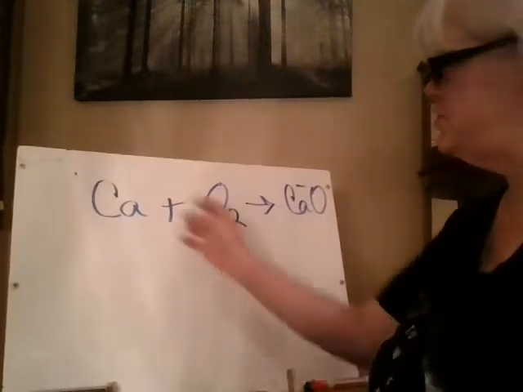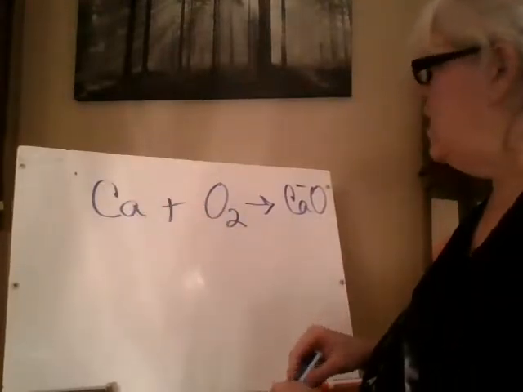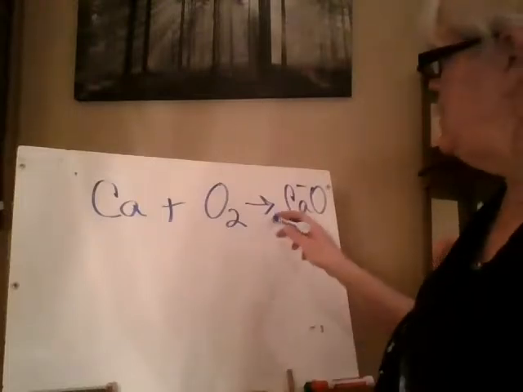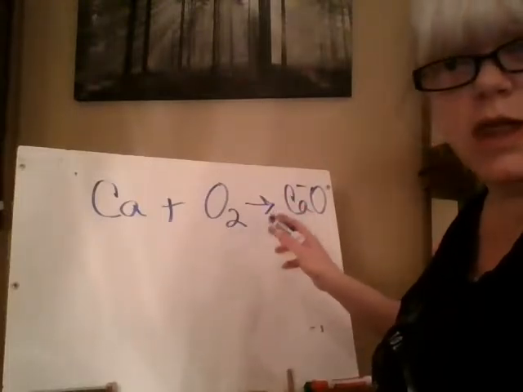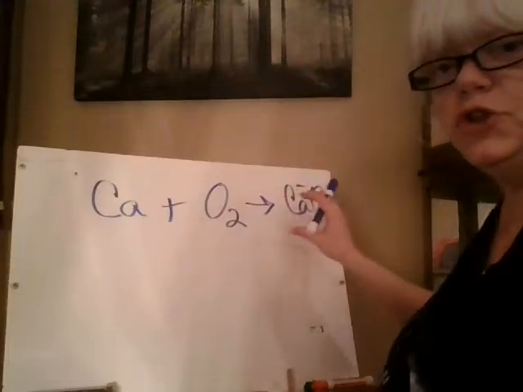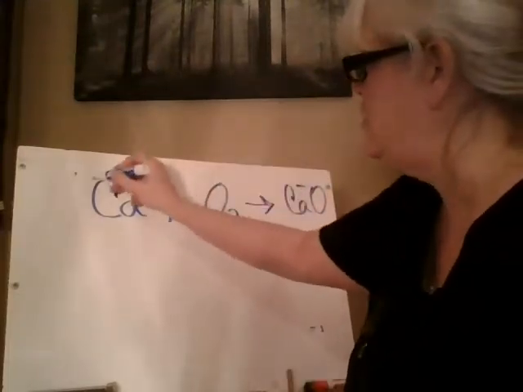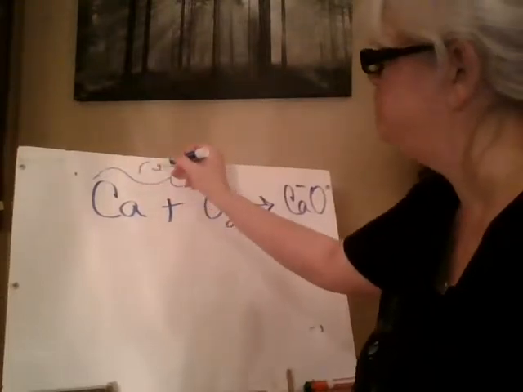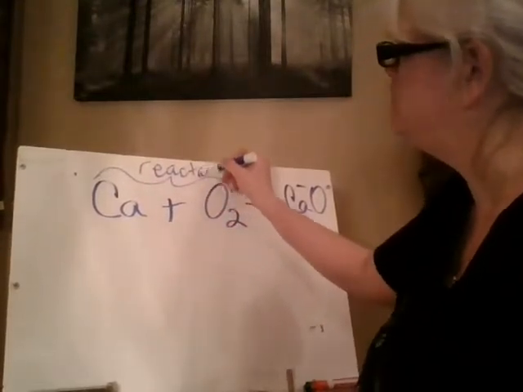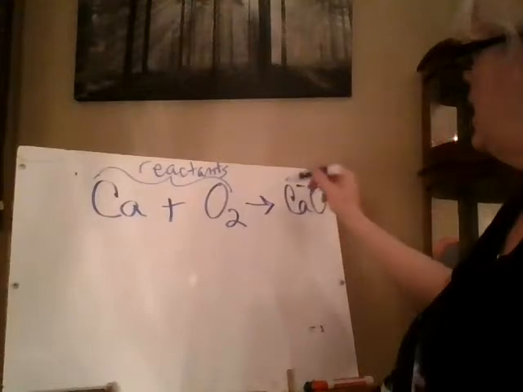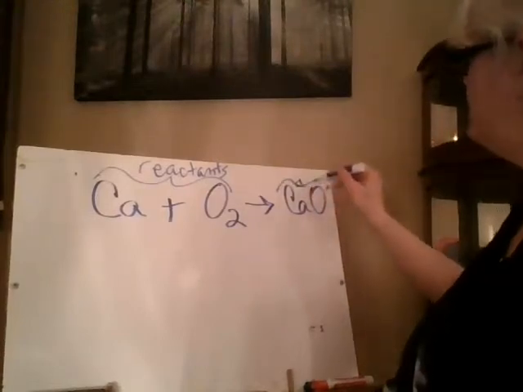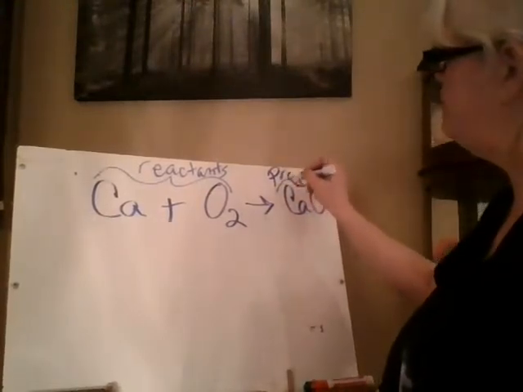Okay, I should have started farther over. Okay, now the yields is the breaking point here in the equation to let you know where your reactants are. And here is your product.